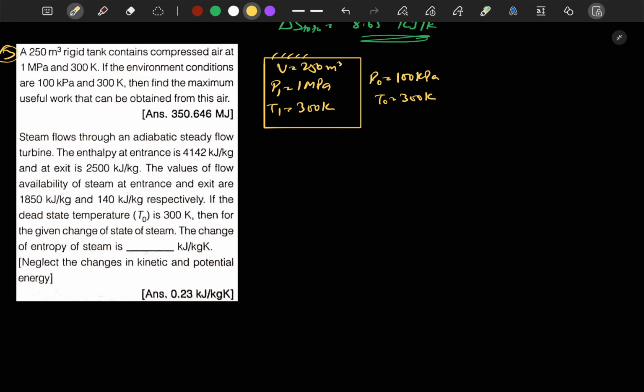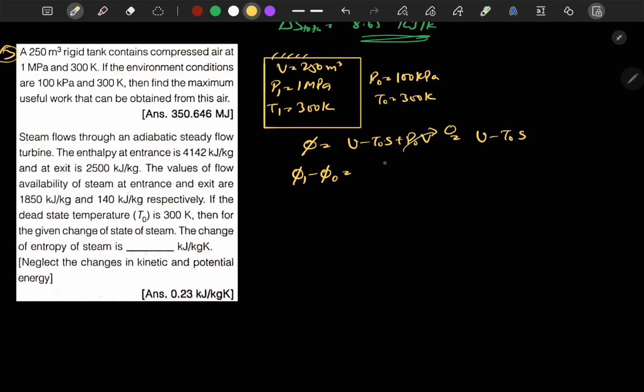To obtain the work from a closed system, we can directly use our exergy function, which is equal to U minus T naught S plus P naught V. Since there is no external work due to the surrounding, we will consider this equal to 0, and we can write it as U minus T naught S. For maximum useful work, we do phi 1 minus phi naught.